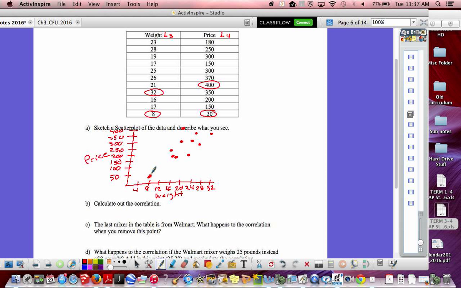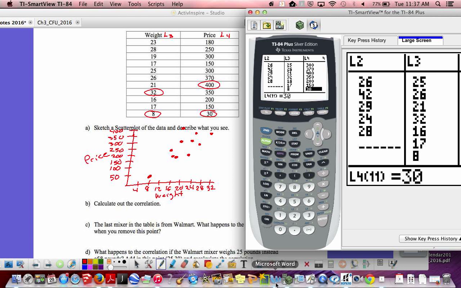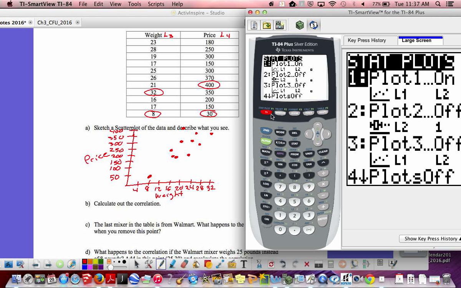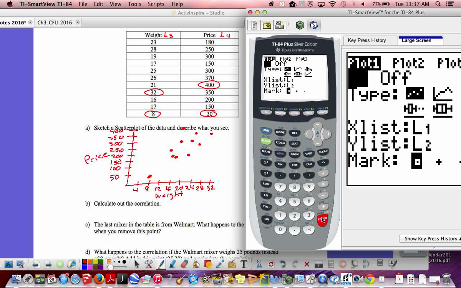So just based on our picture, one of the things we can do is, again, go to our calculator. If I go to my stat plot and I turn it on, what lists do I have to select? 3 and 4. Yeah, list 3 and list 4.